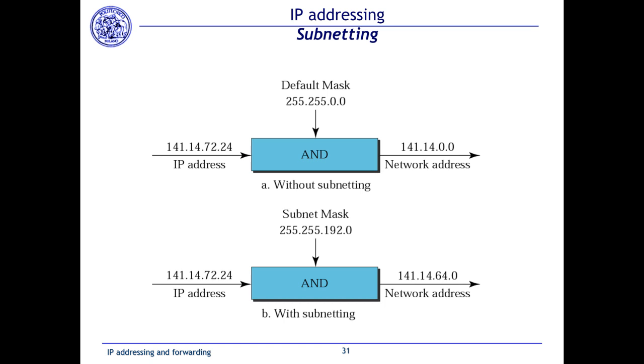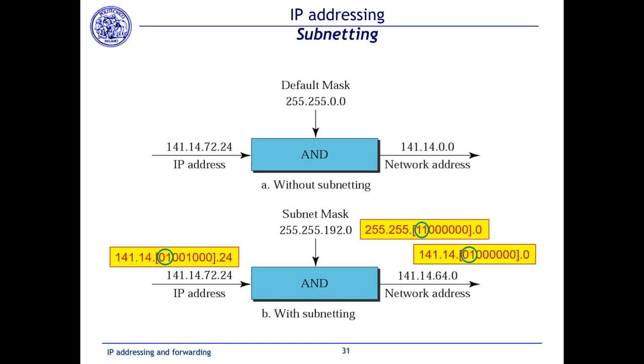And you can see, for example, here that this subnet mask is .192. .192 means that it's 1, 1, and the rest is zeros. So here, the extension of the original net mask is by 2 bits.